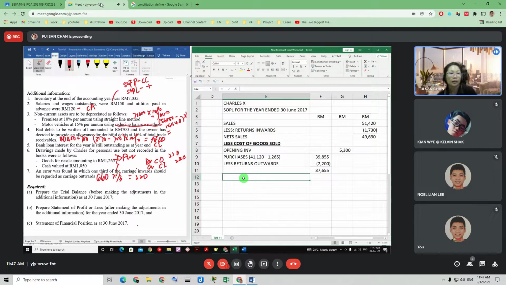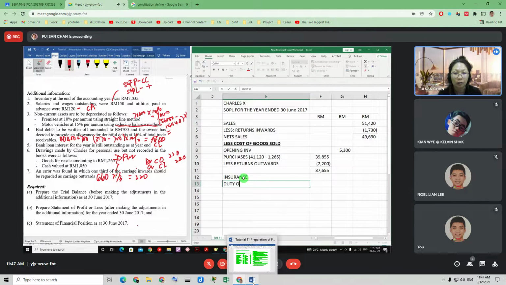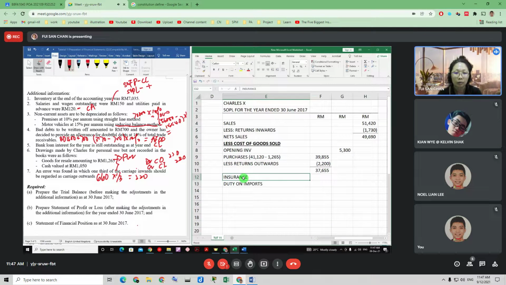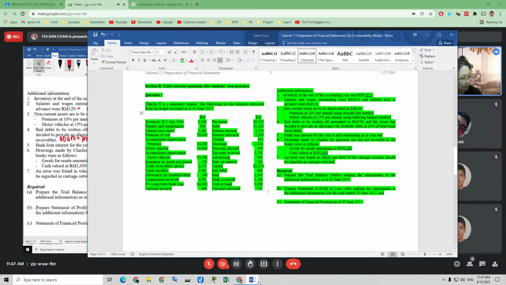Now, in the process of making these purchases, we do have some additional costs, isn't it? Like insurance on goods purchased, and we also have duty on imports. Our insurance is 150 and our duty is 520.